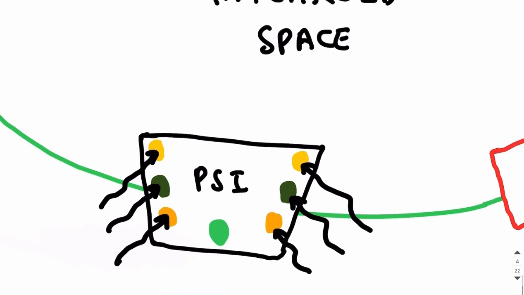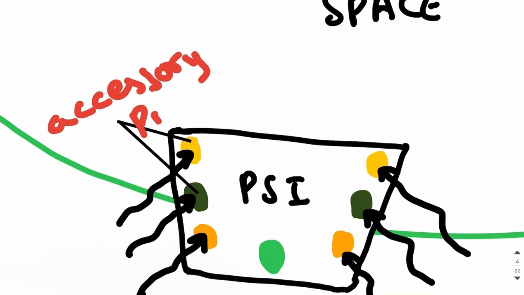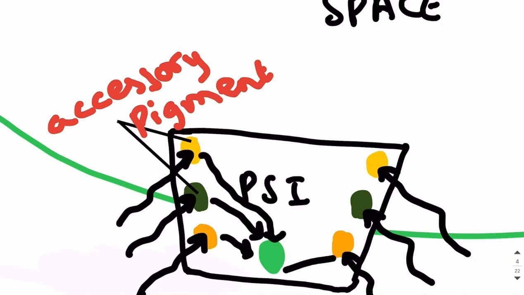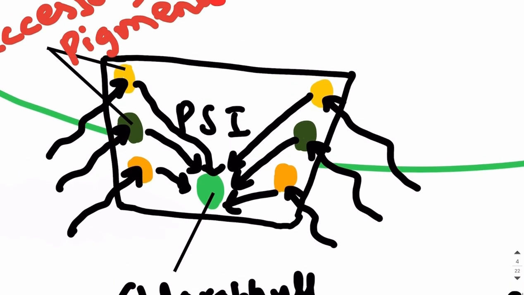The accessory pigments absorb different wavelengths of light, and all the energy absorbed is passed on to the primary pigment or chlorophyll A. The primary pigment that I have drawn in light green is chlorophyll A. So light energy is absorbed by accessory pigments, and then the energy is passed on to the primary pigment or reaction center.